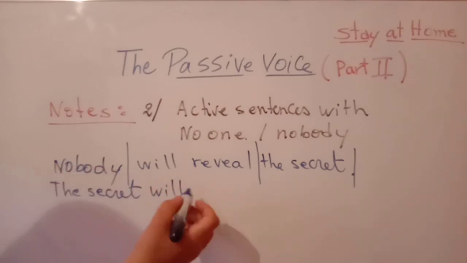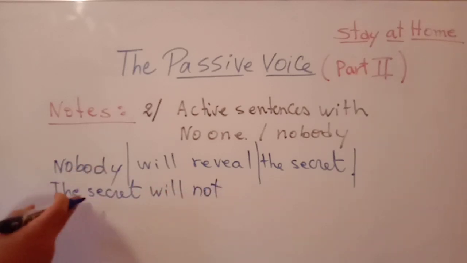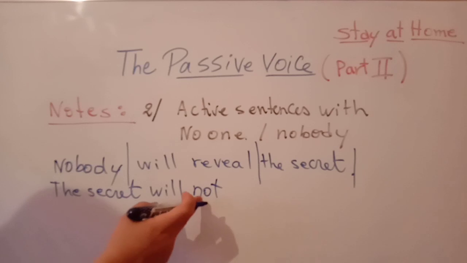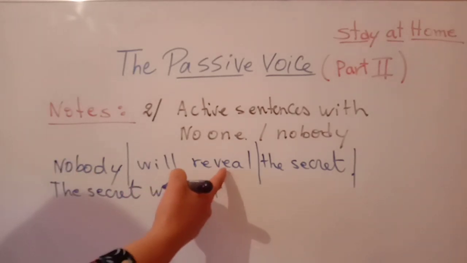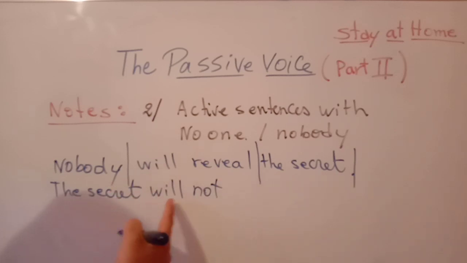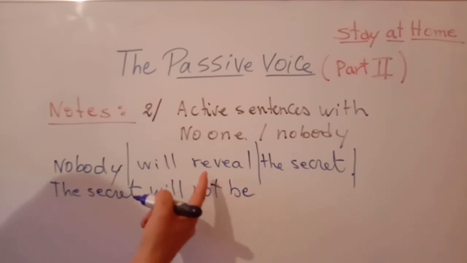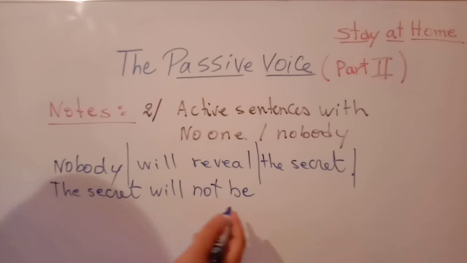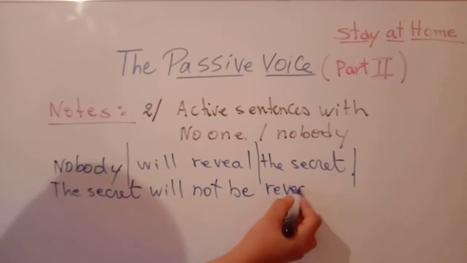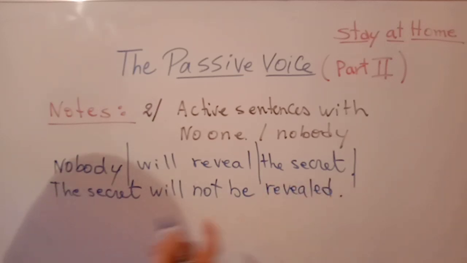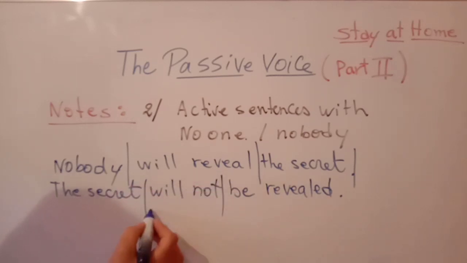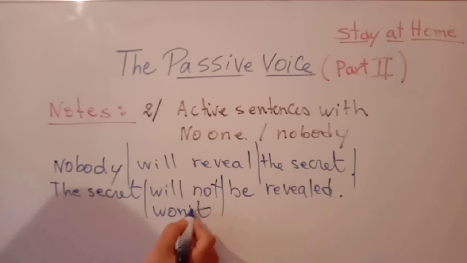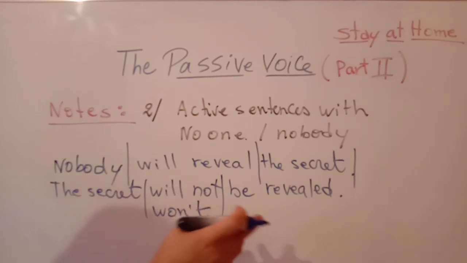So we keep the negation, will not. So the secret will not, okay? Then we use to be in the form of the active verb, will not be, okay? Plus past participle of the verb, revealed, okay? So the secret will not or won't, short form, won't be revealed.